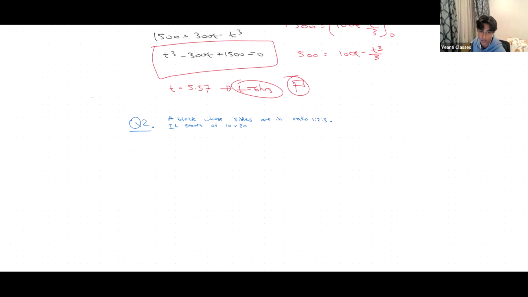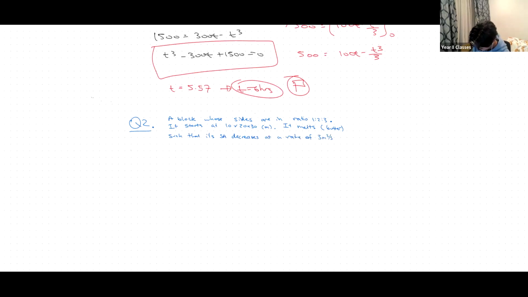And it's going to melt, so pretend it's like butter, for example. It melts such that its surface area decreases at a rate of 3 meters squared per second. Okay.